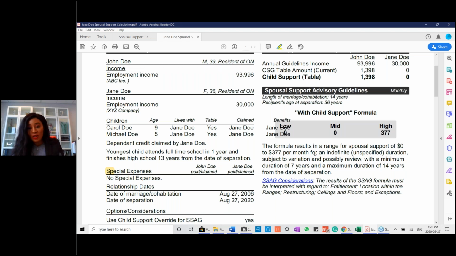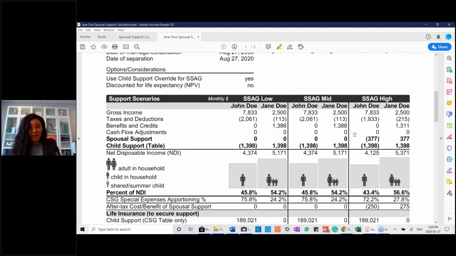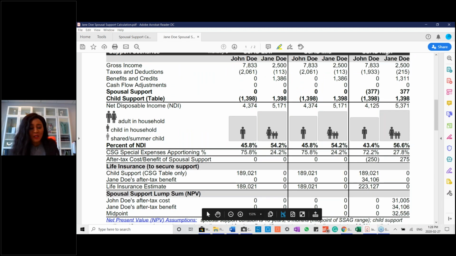If this is done using the DivorceMate program here, you would see at the bottom, where it says the spousal support lump sum, that it has a midpoint, after-tax cost to John, and things like that. So if you're doing it yourselves, it's something you have to pay attention to and make sure that you factor that in.